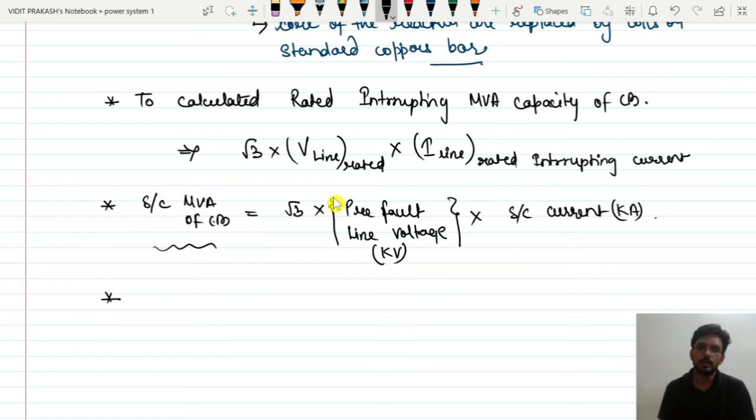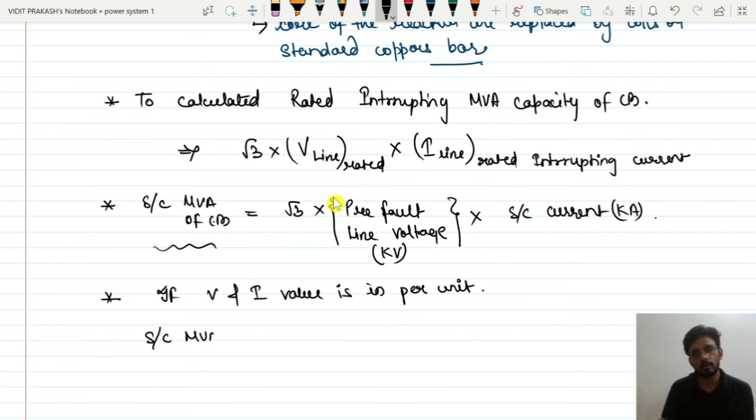And next, if the voltage and current values are in per unit, then the short circuit MVA of the circuit breaker will be given as pre-fault voltage into short circuit current into MVA base.